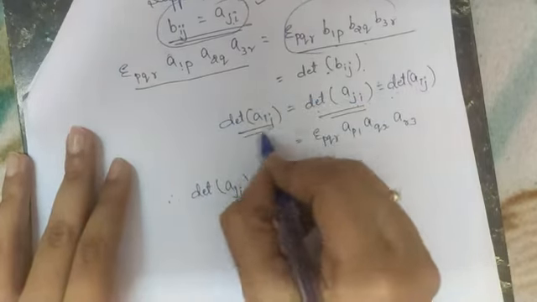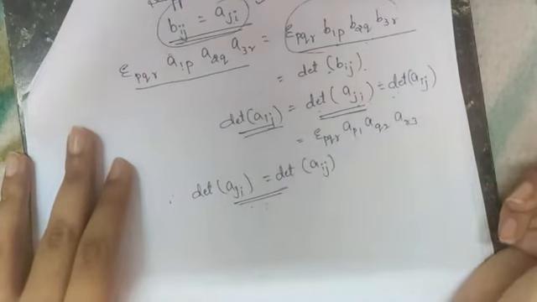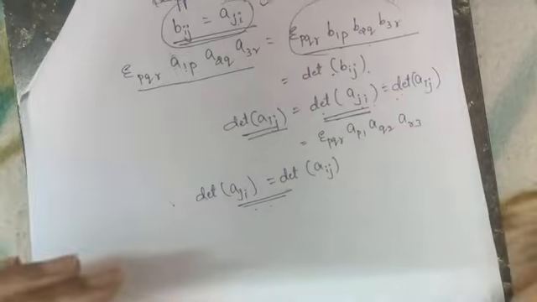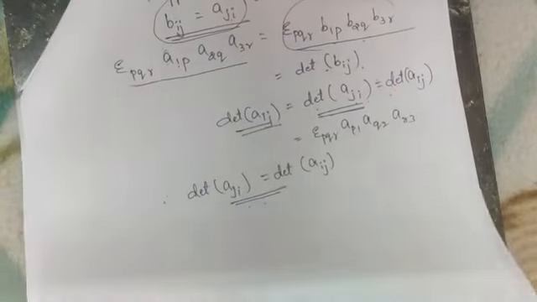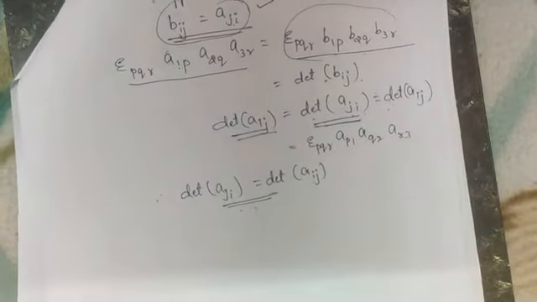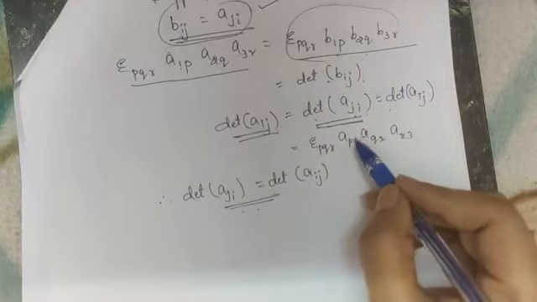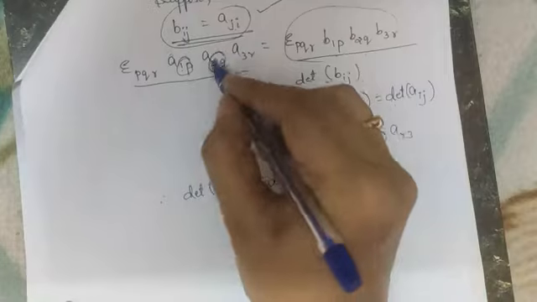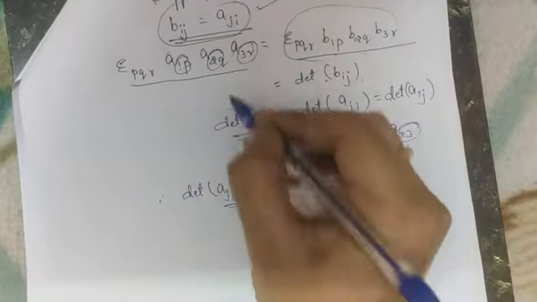So that means the determinant of Aij is equal to the determinant of Aji. That means if I interchange these suffixes, it makes no difference; these two are equal.